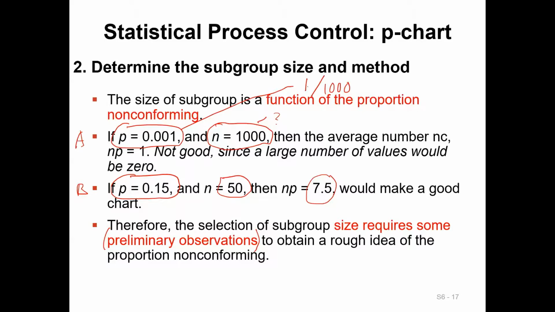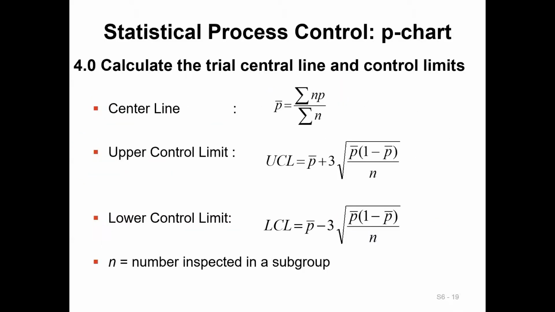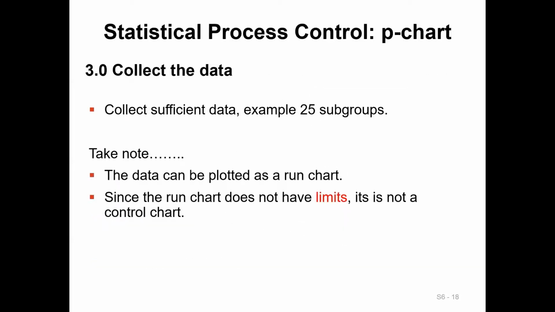Now, you start collecting data and calculate the center line and control limits. Before that, I noticed something. You might notice, or you might not, but one day when you work in the industry, you might notice that some companies are also collecting similar data.